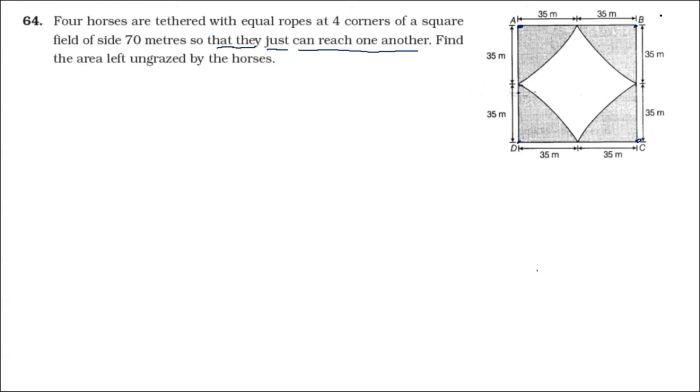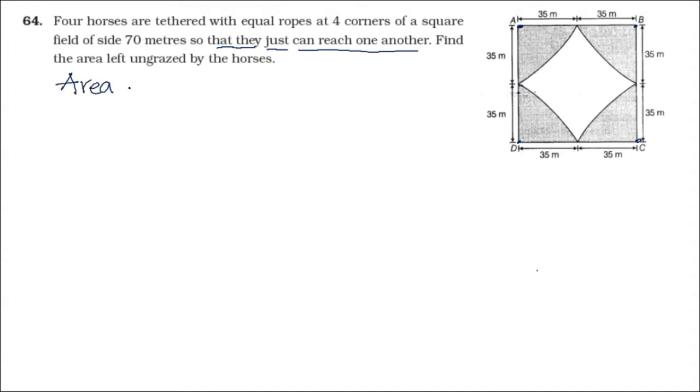If you find the area of this square and subtract the area of the ground part where the horses are tied, you will be getting the remaining area. So first let us find out the area of the square field.